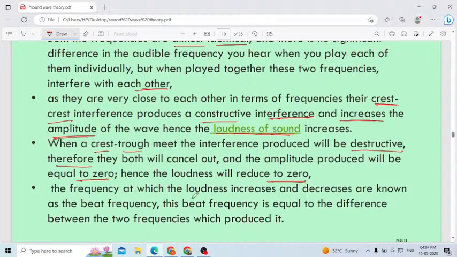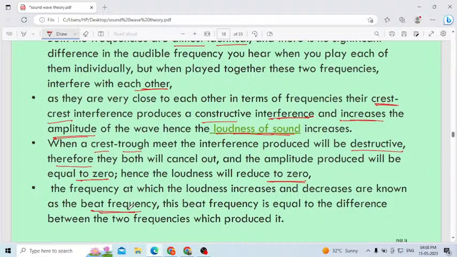The frequency at which the loudness increases and decreases is known as beat frequency. What is the meaning of a beat? When two waves are superimposed, otherwise once they overlap and interfere, they produce a beat frequency.